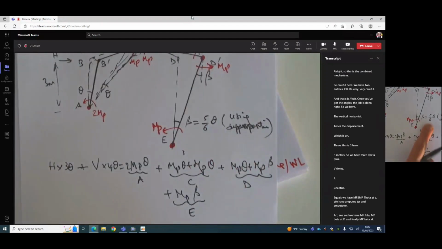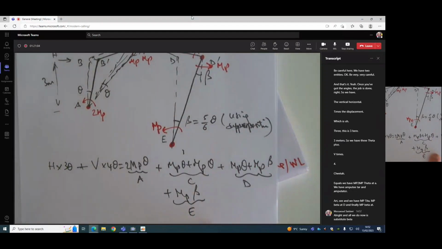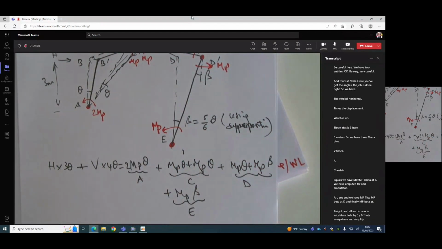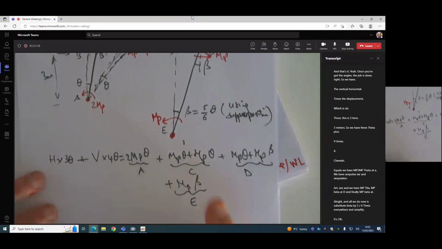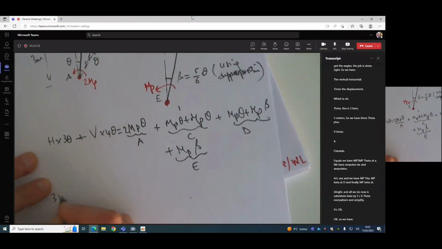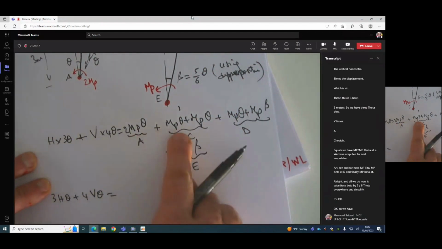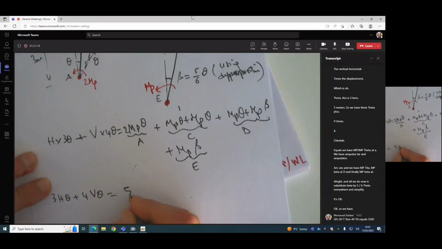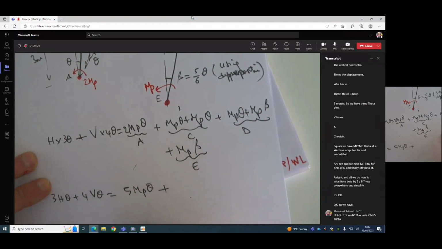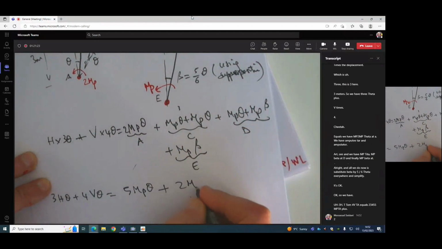All right, and all we do now is substitute beta by 5/6 theta everywhere and simplify. Is that okay? Okay, so we have 3H theta plus 4V theta equals 2, 3, 4, 5, 5 MP theta plus 2 MP beta, and beta is 5/6 theta.